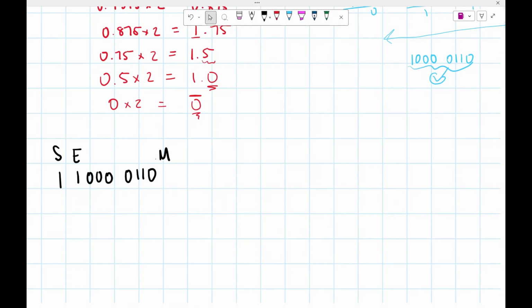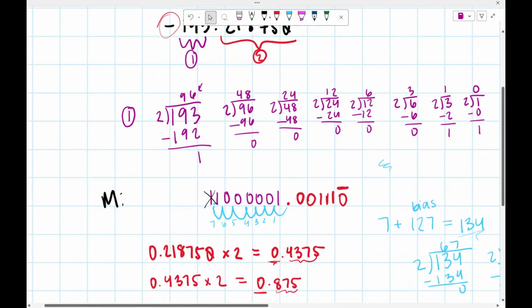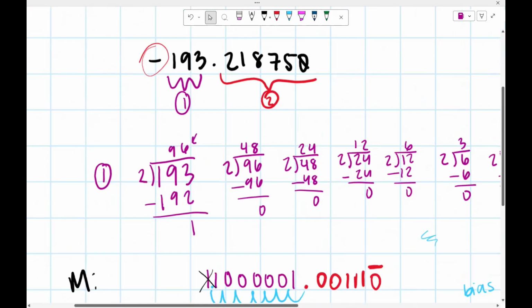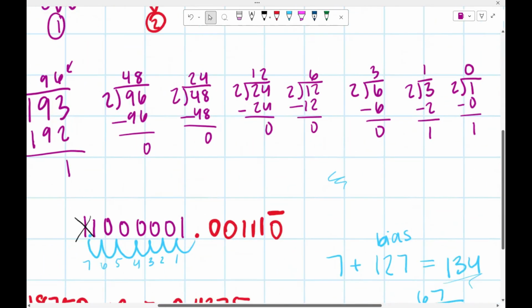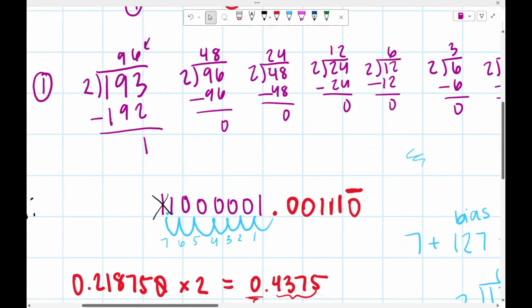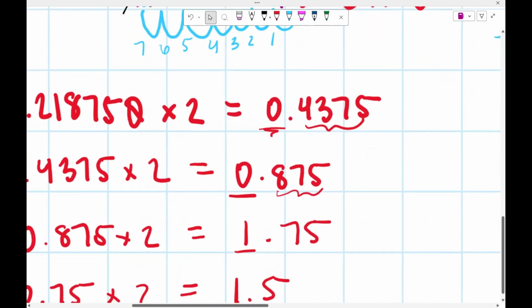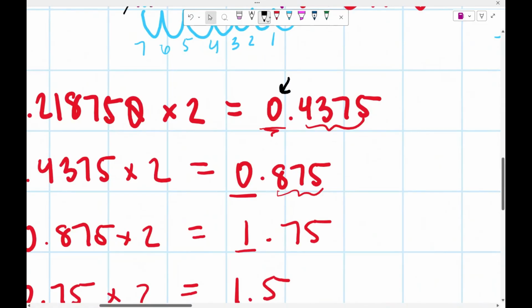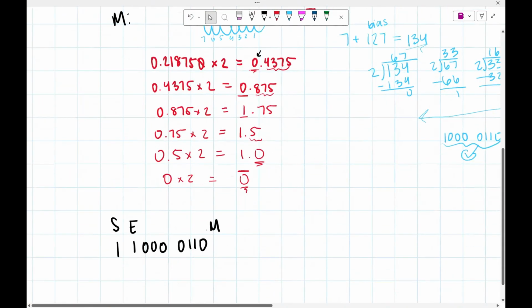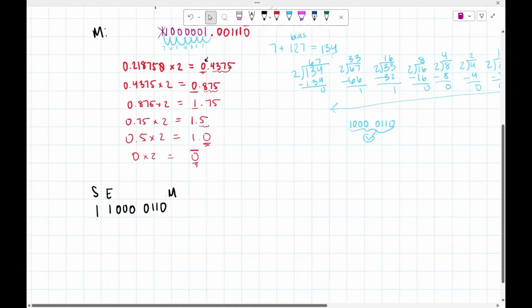And now I can write the mantissa. The mantissa we got by taking that whole number, doing the division method, converting it to binary. And then the lower half, we did the opposite. Instead of dividing, we multiplied it by 2 and then got that leading bit here, the whole number here. So yeah, let's go ahead and write that down.